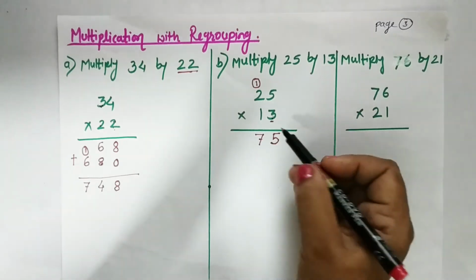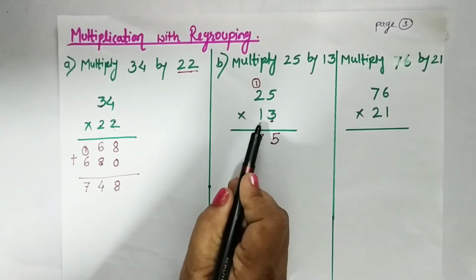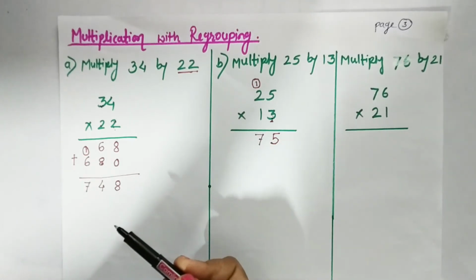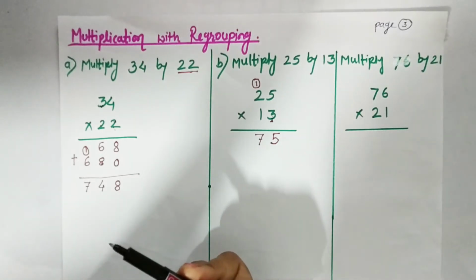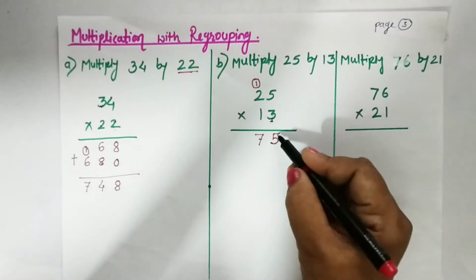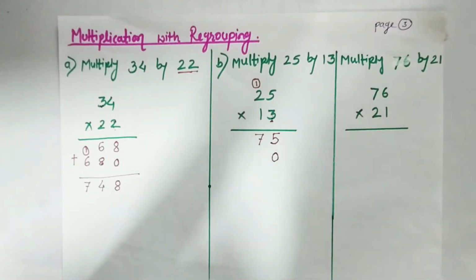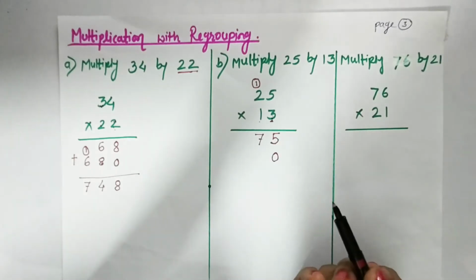This is done for the ones place. Now we'll move toward the tens place. Now the tens place number is 1, but as I told you, before starting from the tens place you have to put 0 below this number. So always write 0 because you are going to start with the tens place, right?